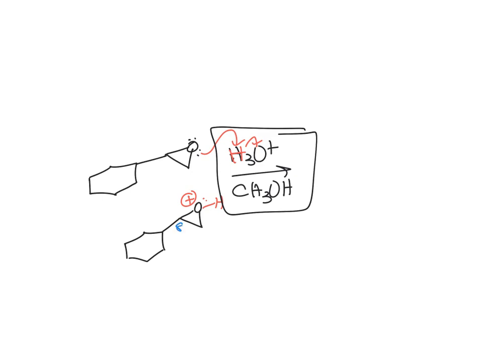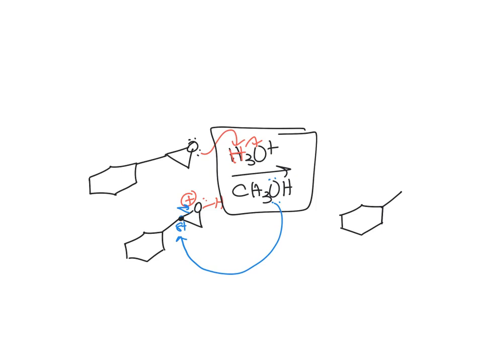That gives it an acidic environment. The pH of this is probably 2 or 3. And then this oxonium ion will direct the nucleophile, which is your methanol, to this carbon. And then we have to do the epoxide opening.